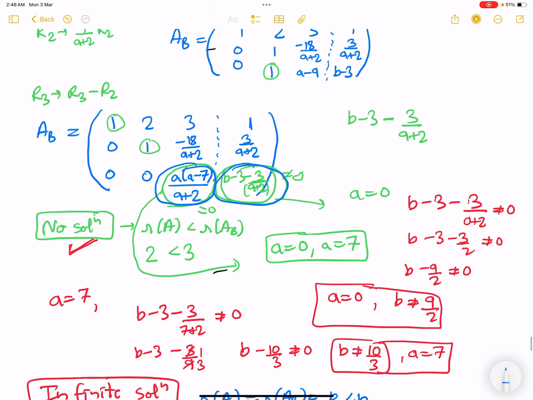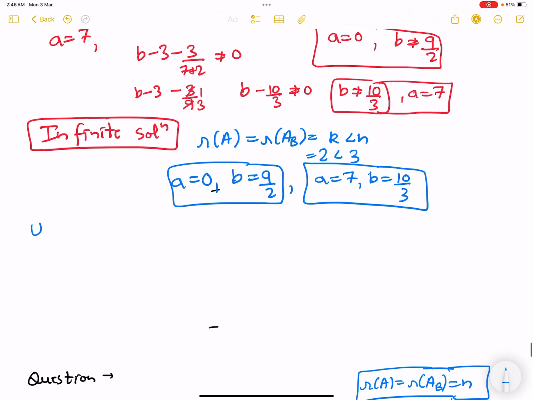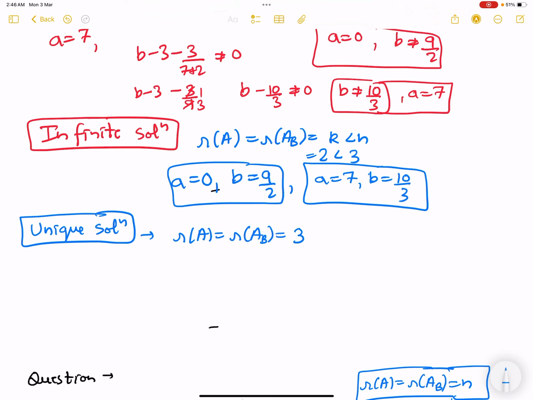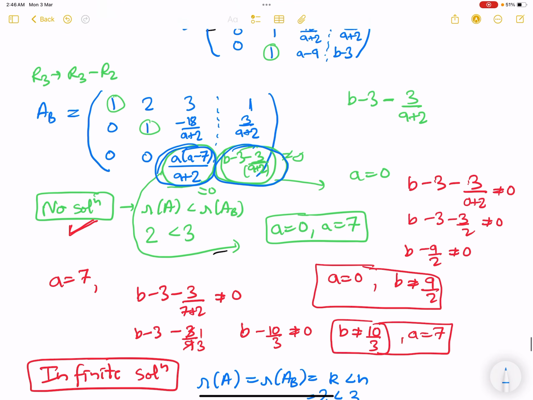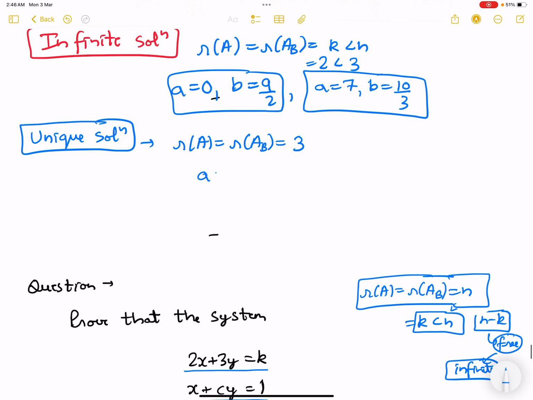And now a unique solution would exist. Now the last case, of a unique solution. A unique solution would exist when rank of A equals rank of A augmented B, which is equal to 3 in this case. So when this is not equal to 0, which means a is not equal to 0 and a is not equal to 7.